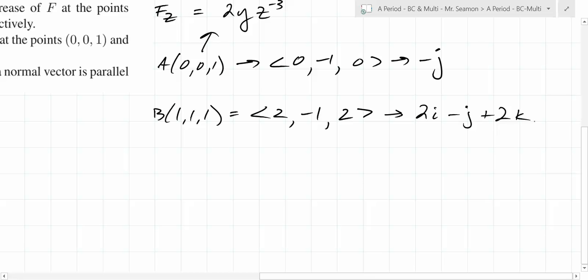But is that a unit vector? No. So we need to divide by the magnitude, which turns out to be 3. Yay! Nice. So our unit vector is going to be 2/3 i minus 1/3 j, and yes, there's little hats over these, plus 2/3 k. We good with that?